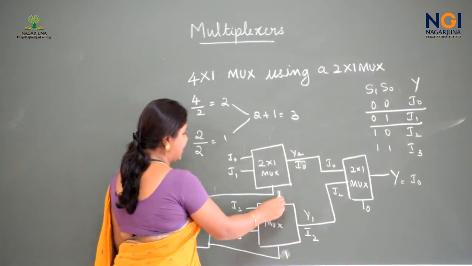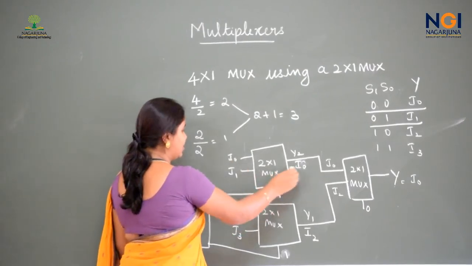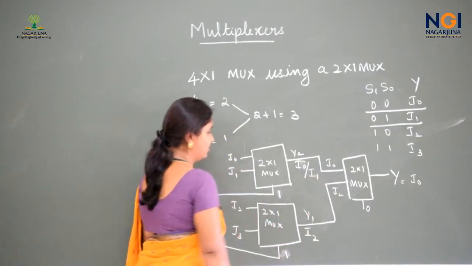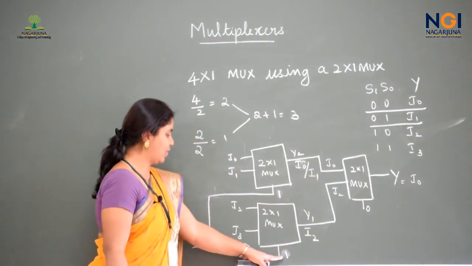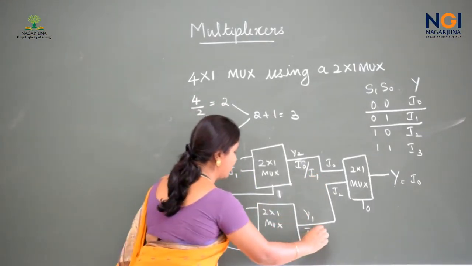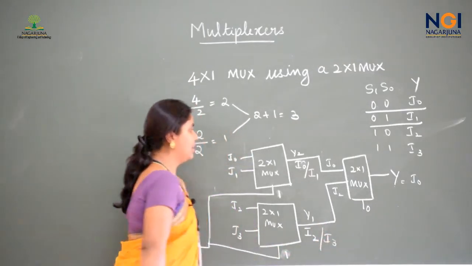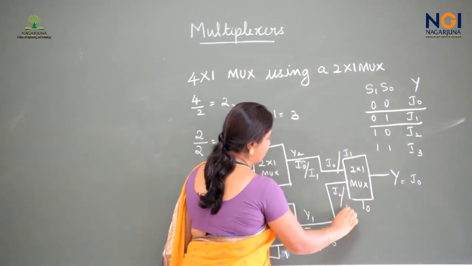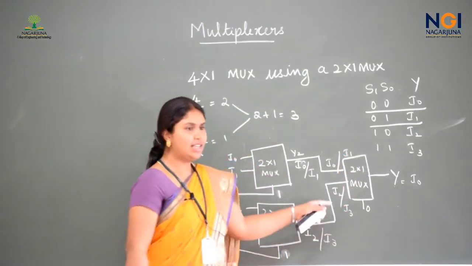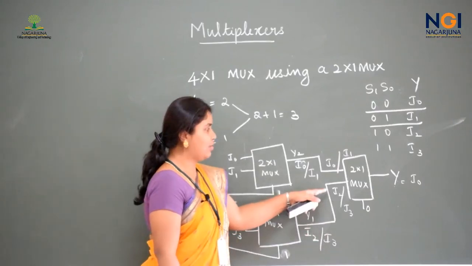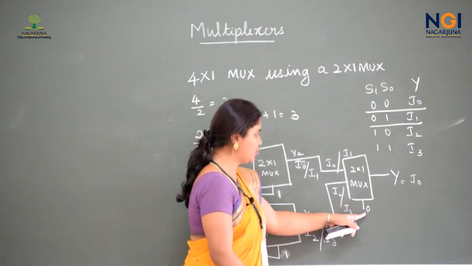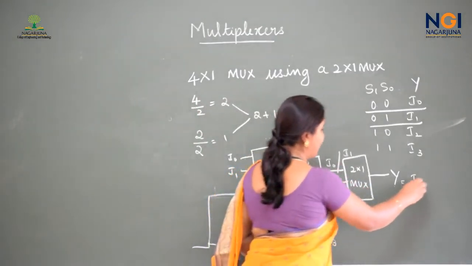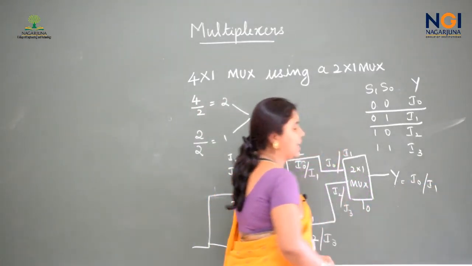Therefore, if this select pin is 1, the output is going to be I1, and similarly if this select pin is 1, the output Y1 is going to be I3. Here it is going to be I1 and here it is going to be I3. What is the output that is required? It is I1. Therefore, this select pin has to be 0 to make my output Y as I1. So it remains 0, and my output is I1 here.